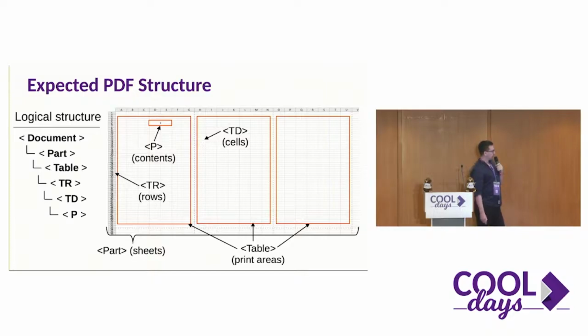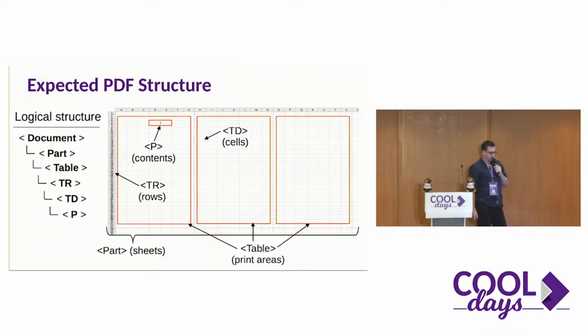The next element is a table element, which represents the print area, and one part element can have multiple table elements, depending on the number of print areas.